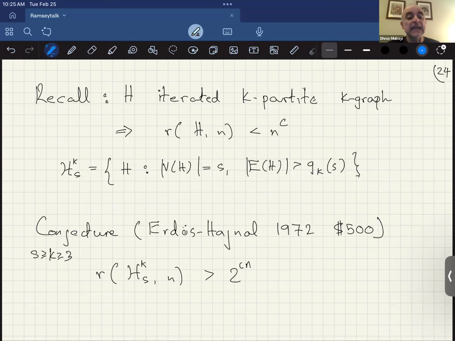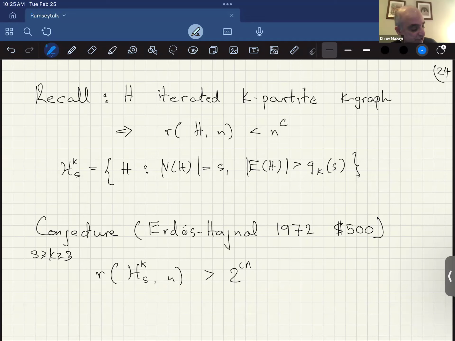They necessarily cannot be iterated k-partite because they have too many edges. And Erdős and Hajnal conjectured in the same 1972 paper that you can forbid all these non-iterated k-partite hypergraphs and have logarithmic independence number. More precisely, that the off-diagonal Ramsey number of this family is exponential.